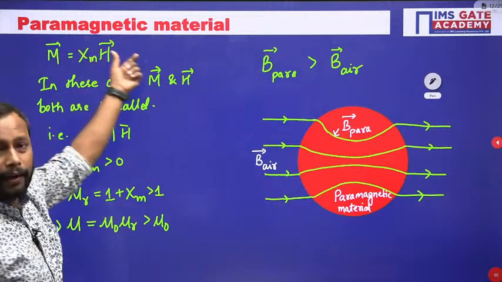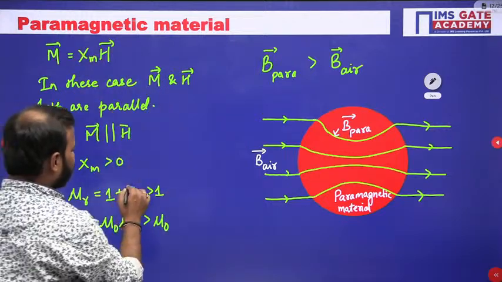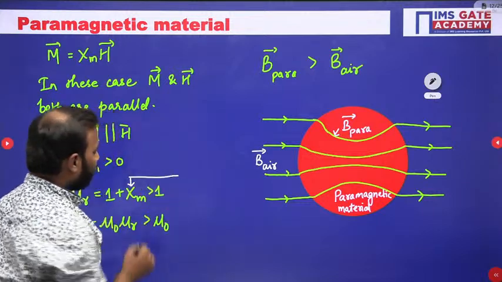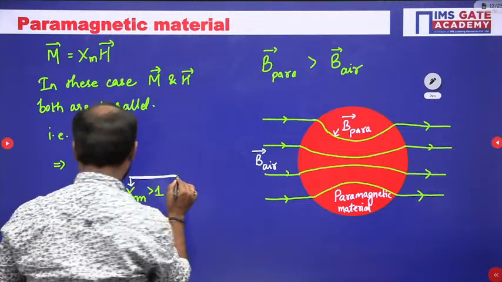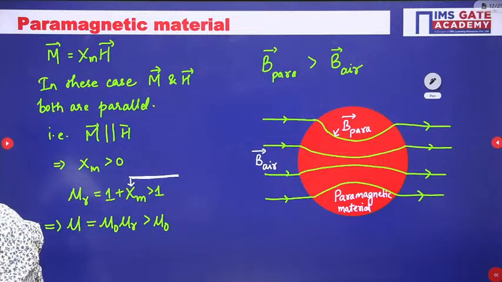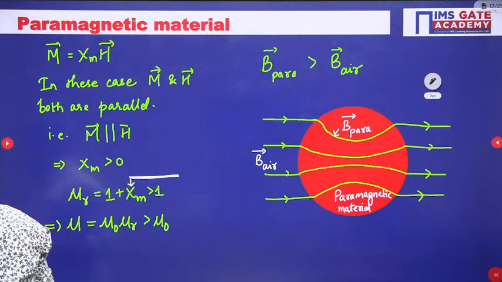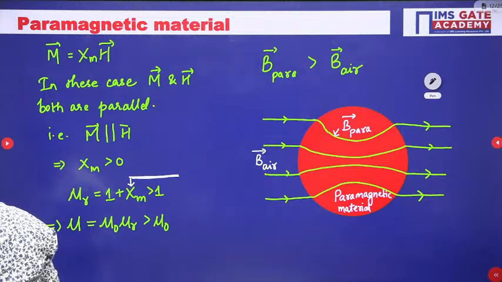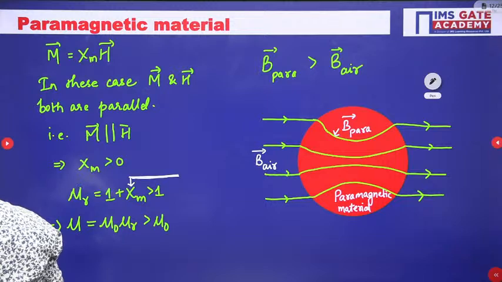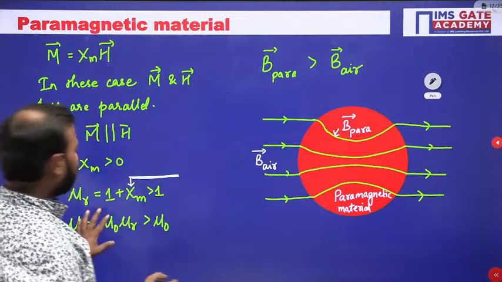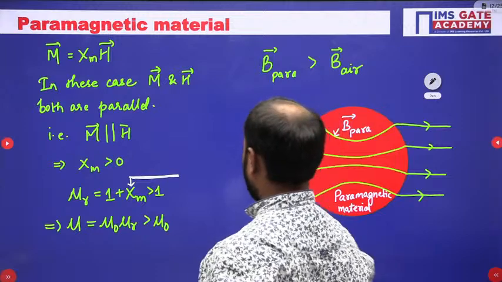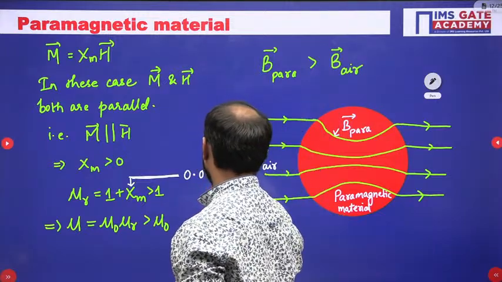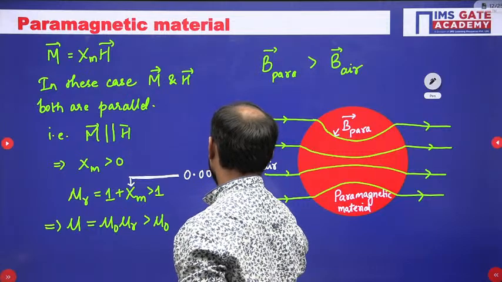in the paramagnetic material is very, very less, and it is nearly equal to 0.0015, like this.